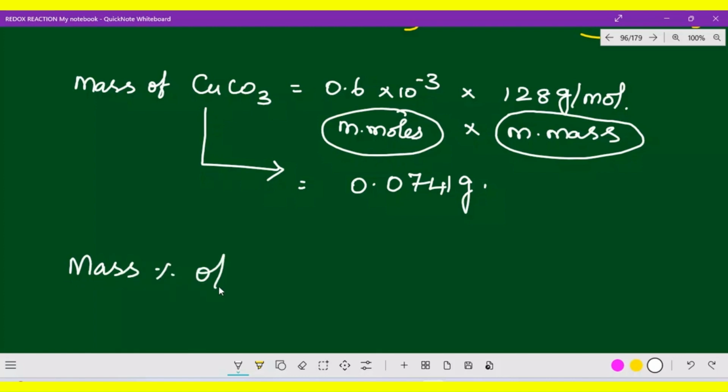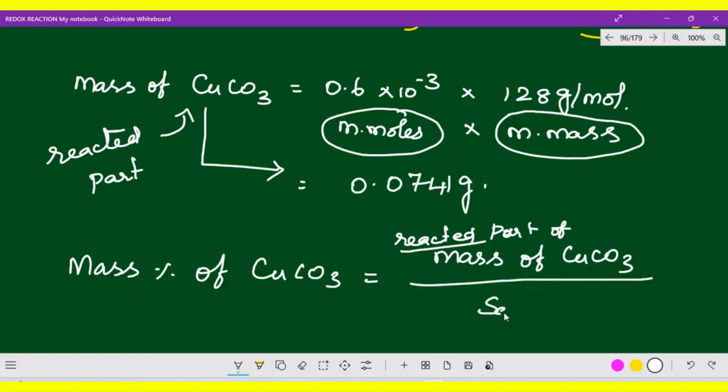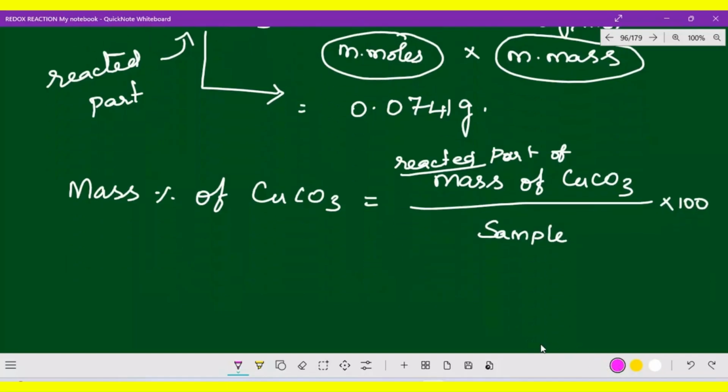Mass percentage of copper carbonate: the mass of copper carbonate which is the reacted part, divided by the mass of the sample, into 100. I hope you got how to deal with this.